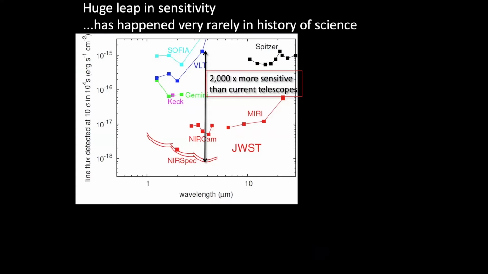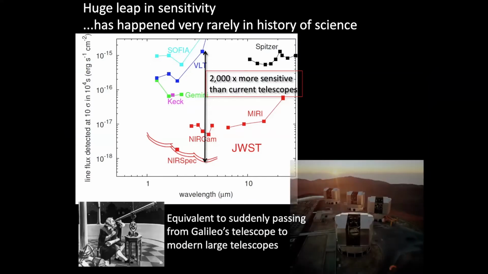I often like to compare this to suddenly passing from Galileo's telescope to modern large telescopes. So you can get a sense of the potential new discovery space that is opened up by JWST, especially in the spectroscopic modes.